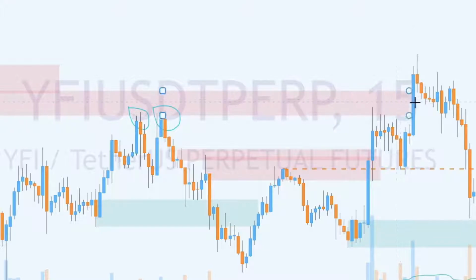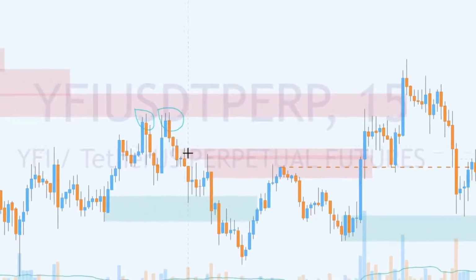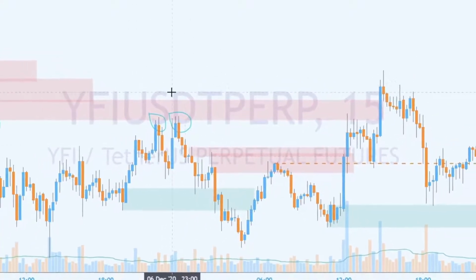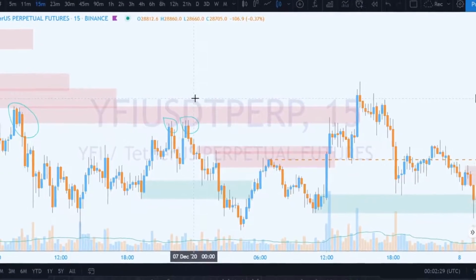Then what happened? The supply here, which made this high and these very highs, that's one to three highs, got taken out. And what do you think will happen the moment the stops of these highs start triggering? It will start buying back, right? Because if you take a sell trade here, your stop loss will be a buy stop.